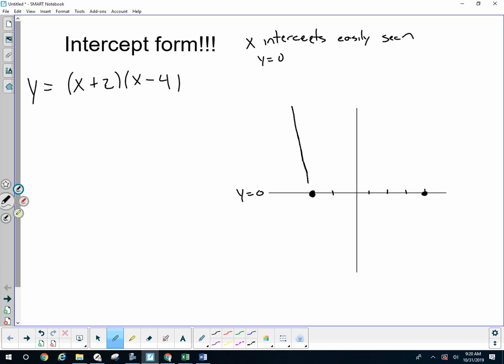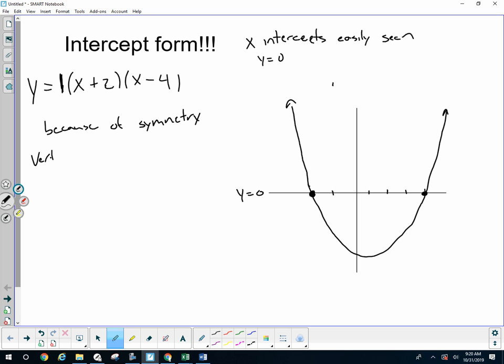I know that I just have a 1 in front of this. We are going to open up. I'm going to have this symmetrical quadratic. I should be able to understand, because of symmetry, the vertex will be located right between your zeros.